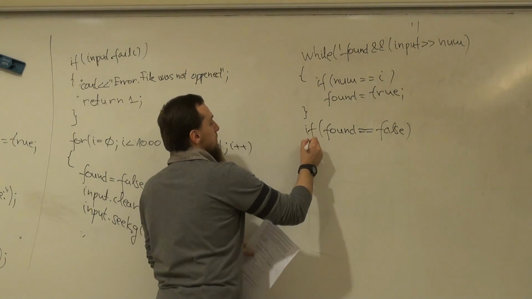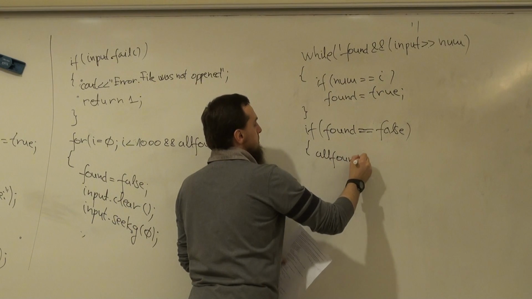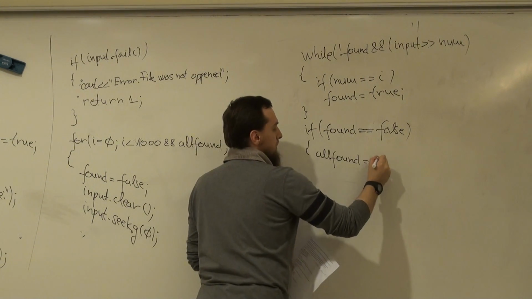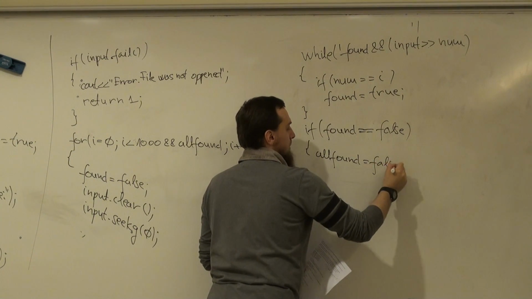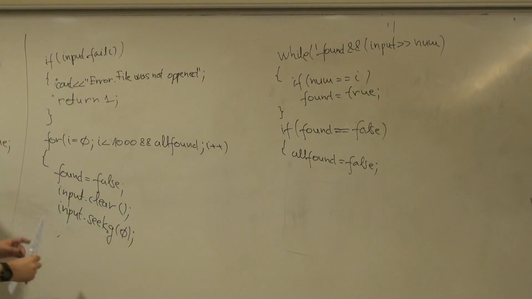So I'm writing all found is also false. One number is not found, then all found is going to be false. Very nice. You can print that, cout, number 19 is missing, and so on. You can do it.